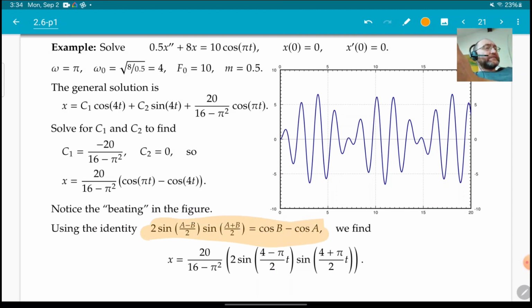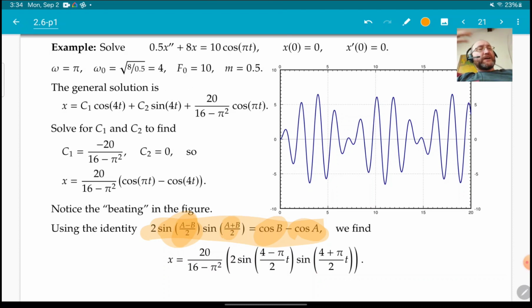identity. So if we're looking at these two cosine waves, and let's suppose that they have the same amplitude, and we superimpose them like this, then it's really a sine wave with this frequency times a sine wave with this frequency.